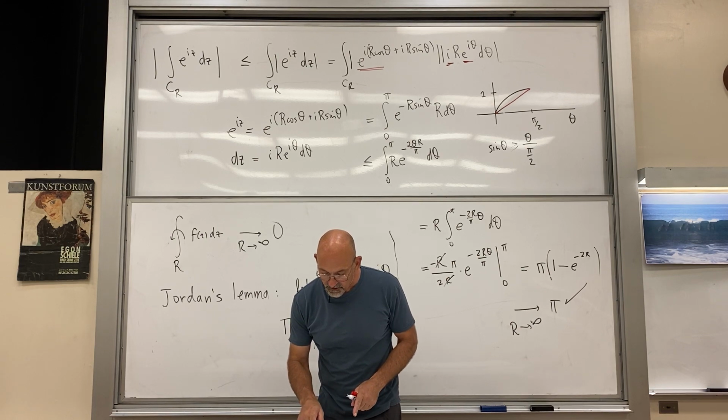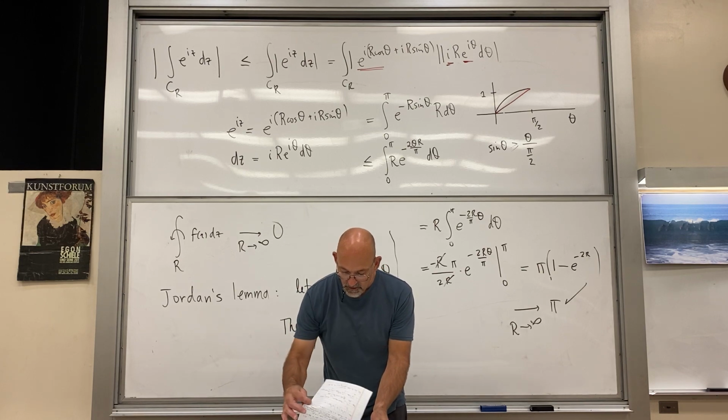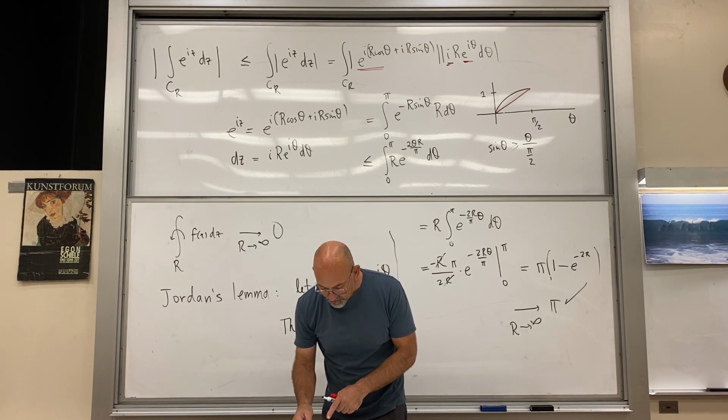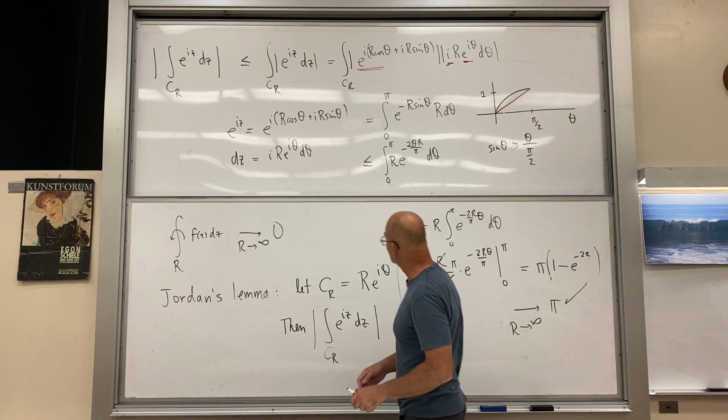So let's see, making sure we have everything here. You know what, I think I have an error up here. Let's see what I was thinking. Ah, yes, I did.